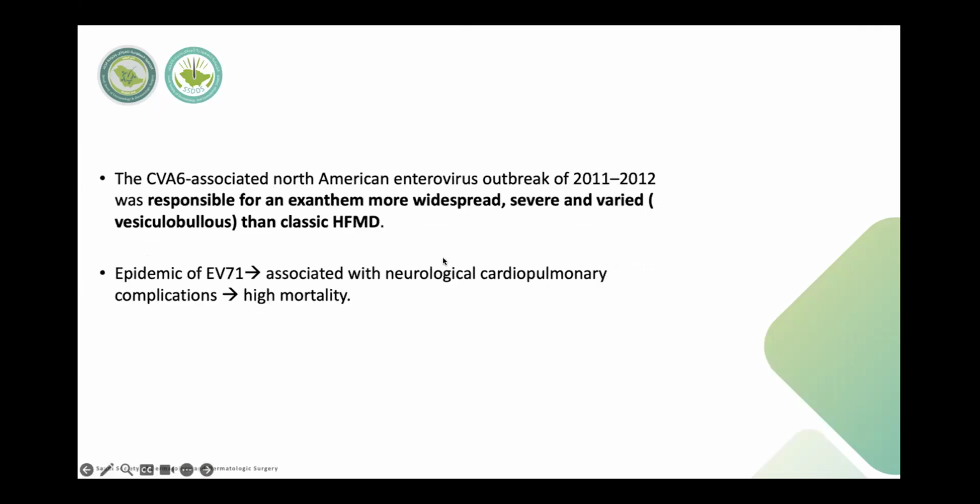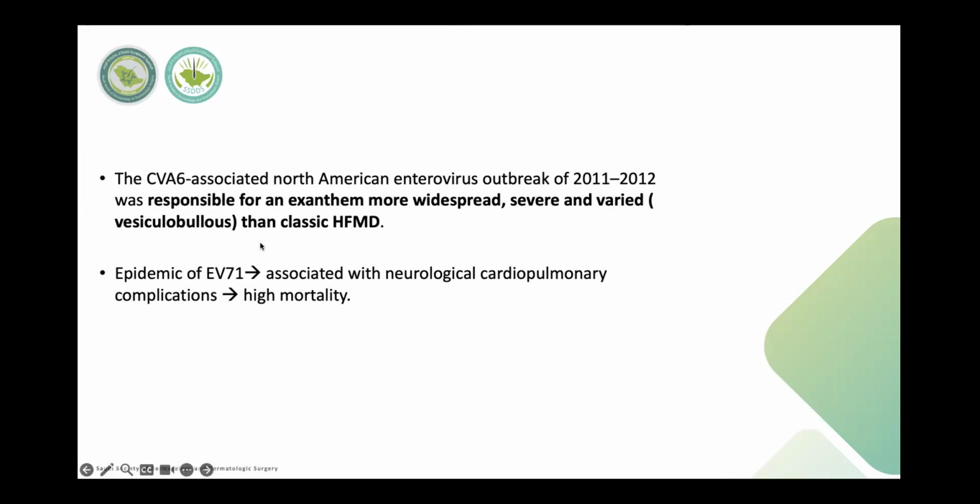Coxsackie A6 is very important because it has been associated with outbreaks of generalized hand, foot, and mouth disease. So it will not present with the classical pattern, and it can present with generalized vesiculation and sometimes even bullous lesions. So that's why it's important.